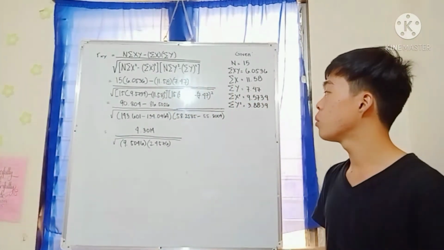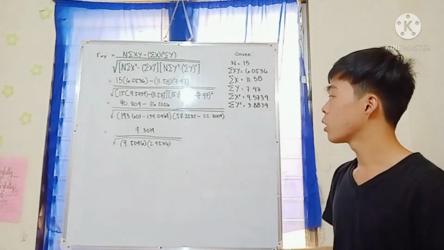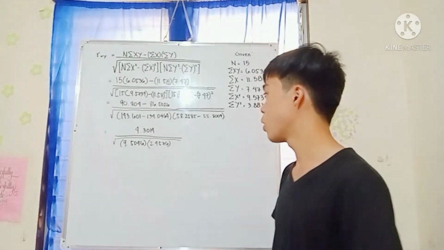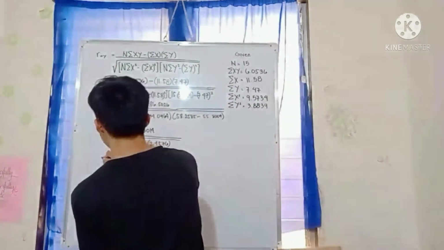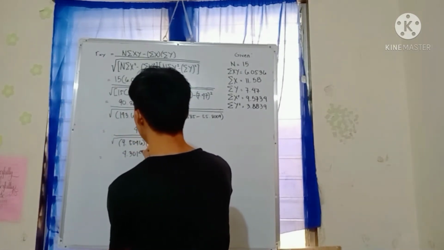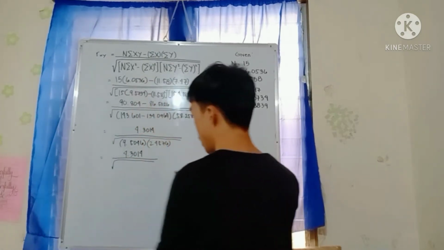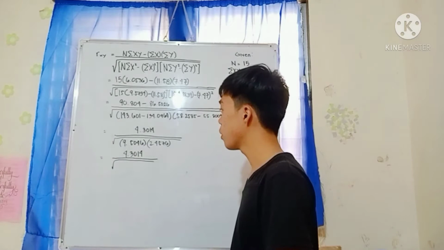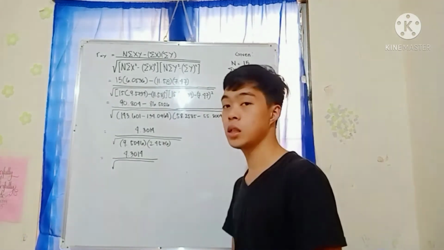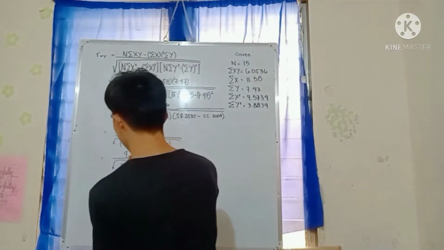Then we will multiply 9.5046 times 2.4576. So we'll copy first the 4.3014 over the square root of 9.5046 times 2.4576, which is equal to 23.358505.